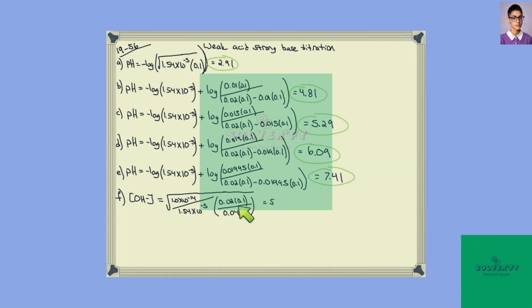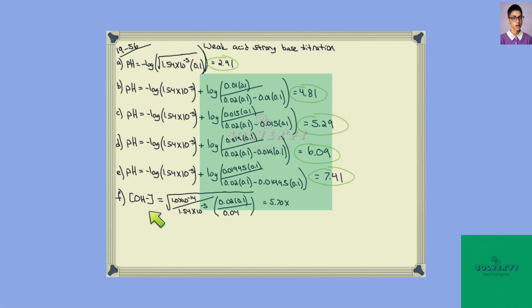Well, how will we get the concentration of the weak base? Every mole of weak acid has now become weak base. So we'll take the volume times the molarity of the weak acid we started with to get the moles of weak base we now have, and then divide it by the new volume. The new volume is 40 milliliters, or 0.04 liters.